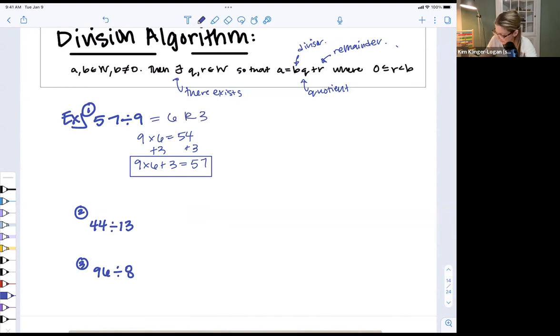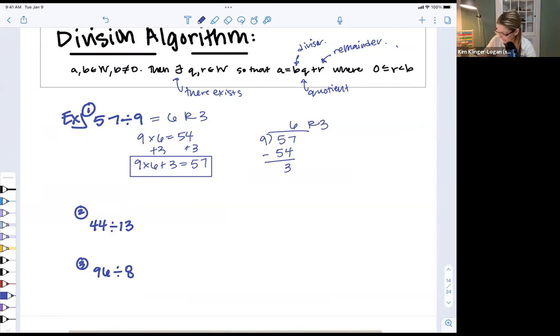Of course I can also do this as longhand division. Using this other notation is really doing the same thing: dividing 57 by 9, I ask myself, how many times does 9 go into 57? Well, it's 6 times. 6 times 9 is 54. And when I subtract, I have this remainder of 3 left over. And that's all the division algorithm is.